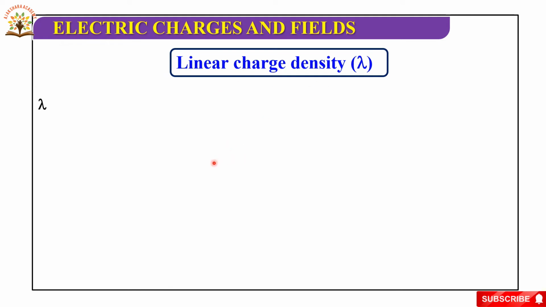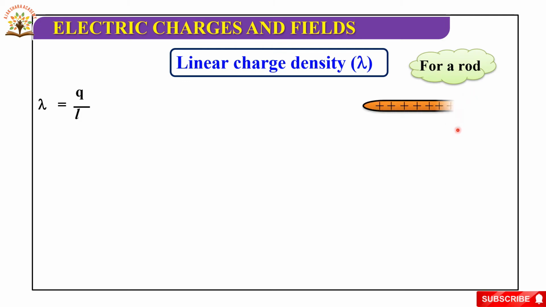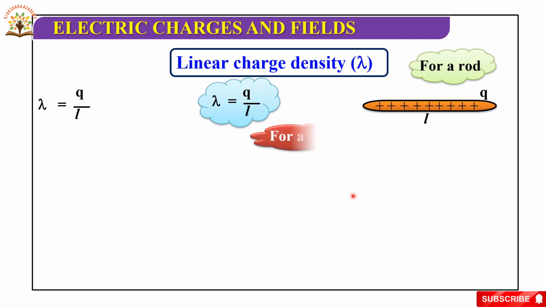So linear charge density lambda is equal to Q by L. Now for a rod of length L and charge Q, lambda is equal to Q by L. Now I'll discuss the circular ring.